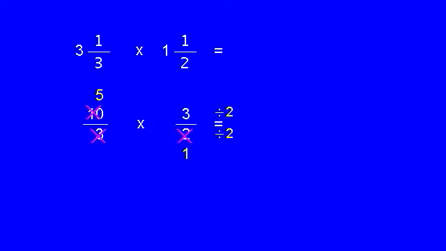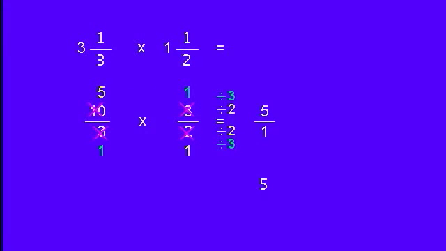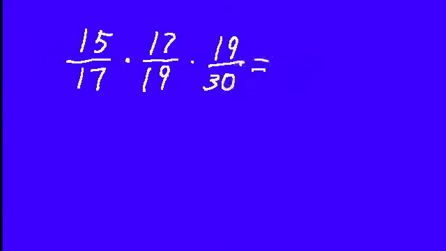Okay, and we can cancel the 3's. 3 goes into 3 1 time, and into the 3 in the numerator 1 time. Okay, so now multiplying across, the denominator is 1, and the numerator is 5, so the answer is 5.